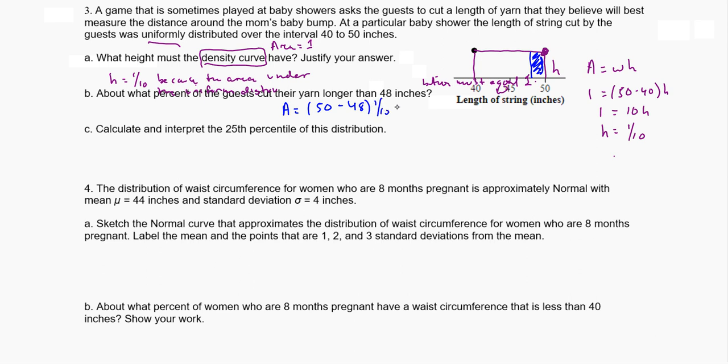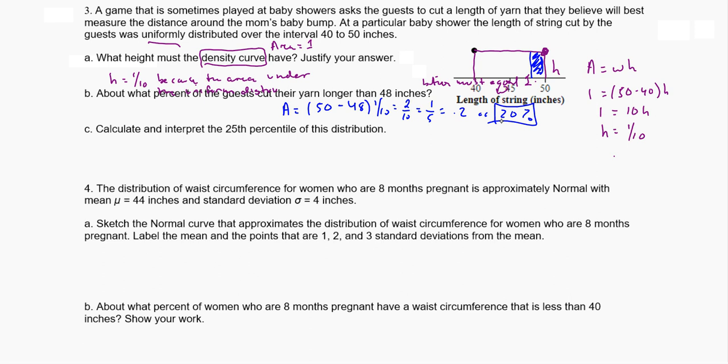So that equals 2/10, or 1/5, which is 0.2. That's our proportion, which is approximately 20%. So 20% is our answer.